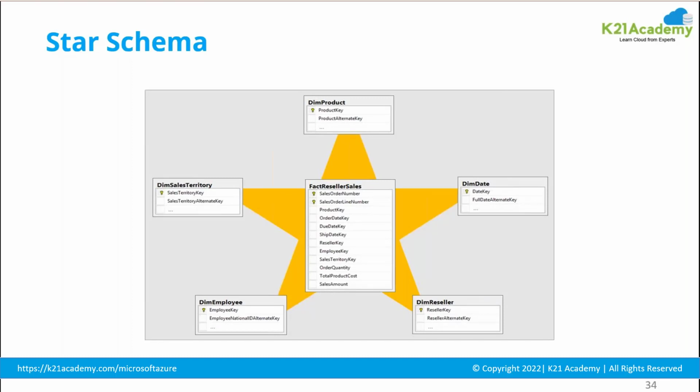All your dimensions will be fully denormalized. You have to be aware of the concept of a business key, a surrogate key, and an alternate key. This was earlier in the course, but it is now removed from Microsoft, and you're not going to get a lot of questions from this, but be aware of the star schema also.